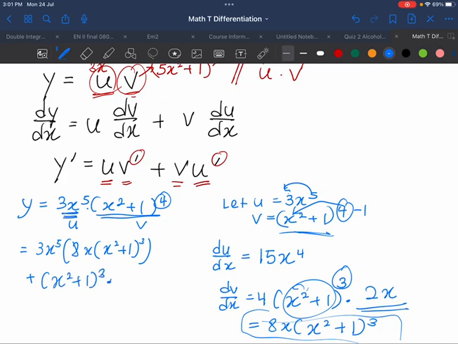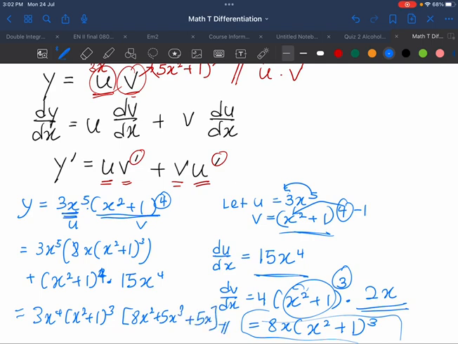Then you multiply with the u, which is going to the haircut, so it's 15x to the power 4. Alright, so you can get the final answer: 3x to the power 4 (x squared plus 1) cubed (8x squared plus 5x cubed plus 5x). So this is the answer.